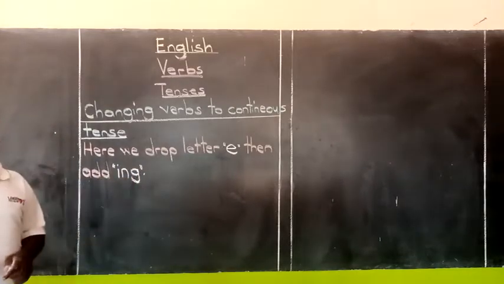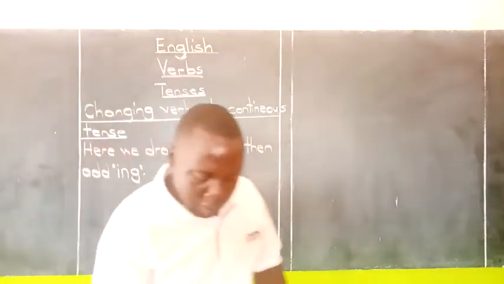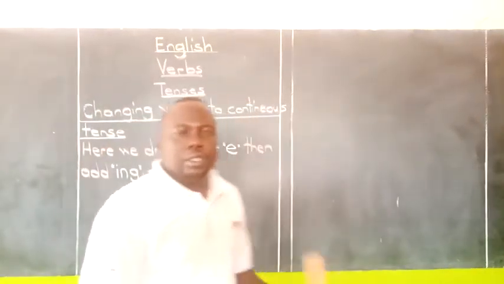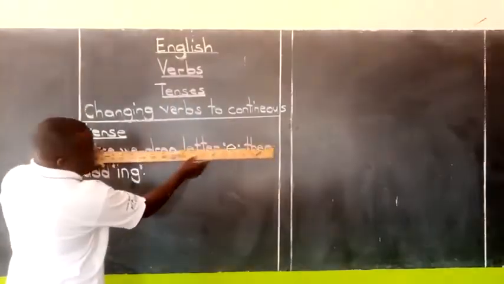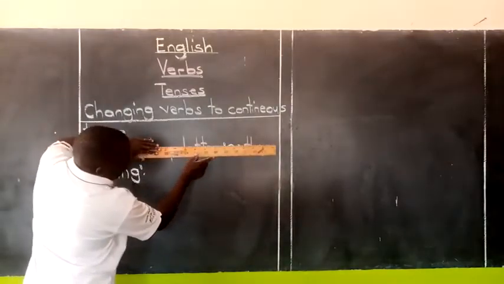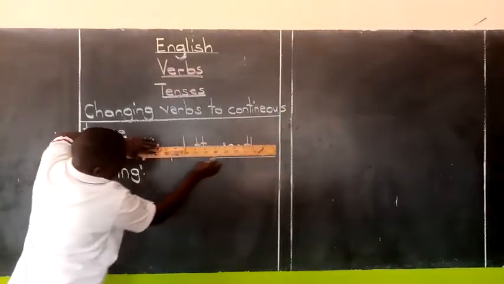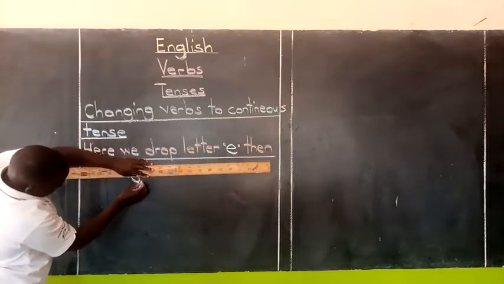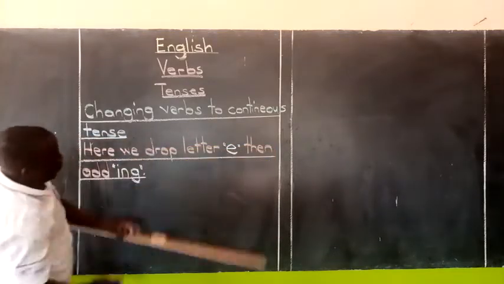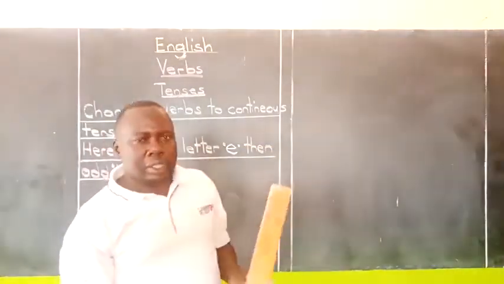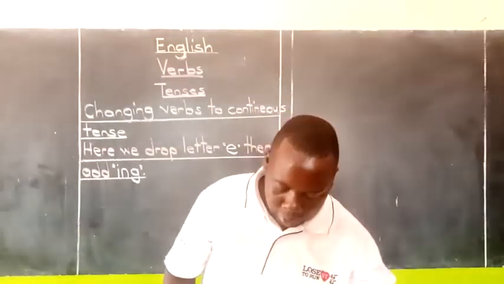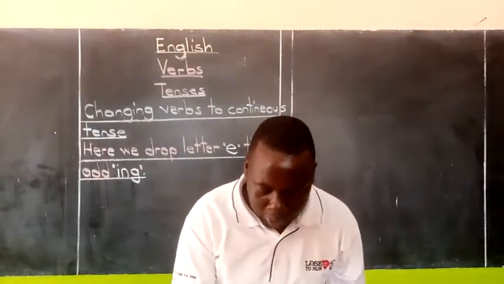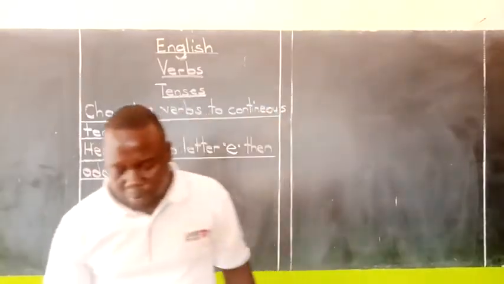After dropping letter E, you add ing. In other words, these verbs end with letter E, and you cannot put letter E in the same place with letter I. You cannot match.